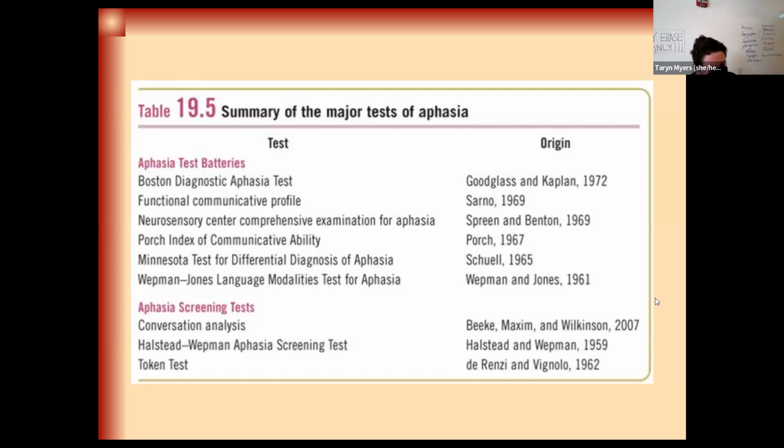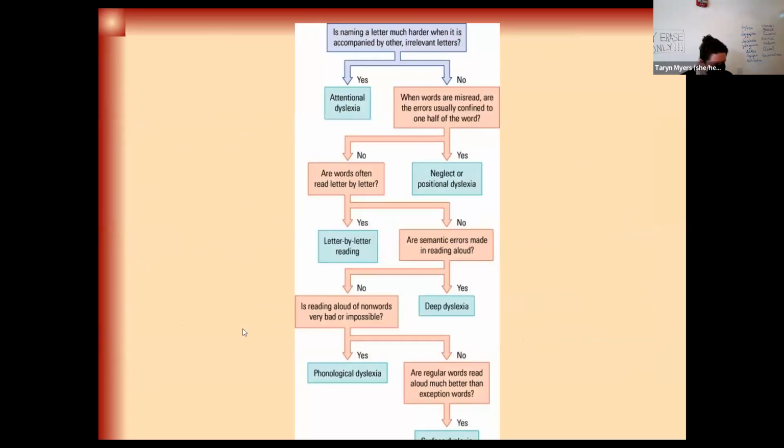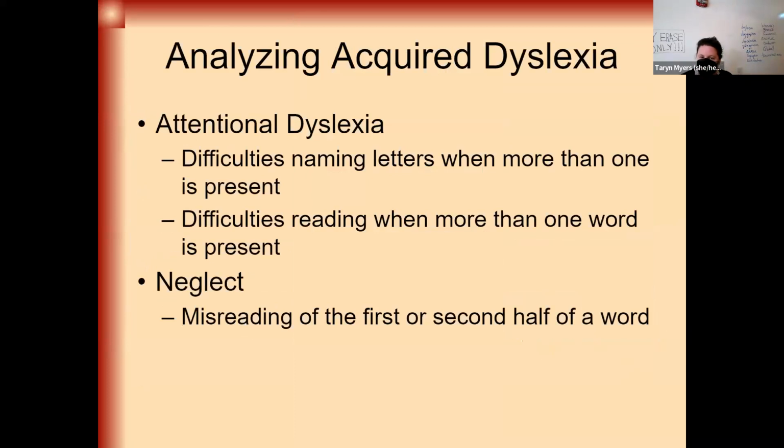All right, so now what we're going to do is talk even more about dyslexia. Going to move this to the side for us. And actually, hang on just a sec.